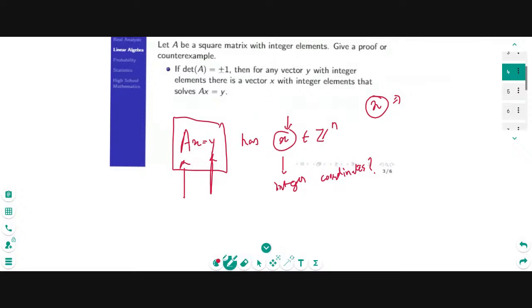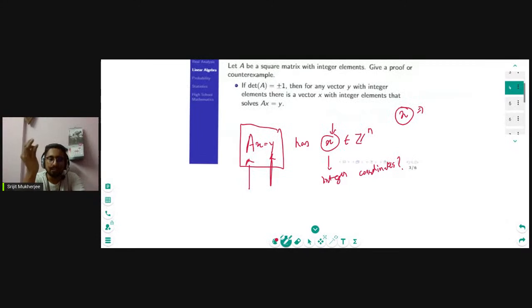Suppose x was not required to have integer coordinates. Will it be a unique solution? Does there exist a solution? Sneha, Vasuda, Nisha, what do you think? You think yes. Why do you think so? What is the reason? All the YouTube people over here.